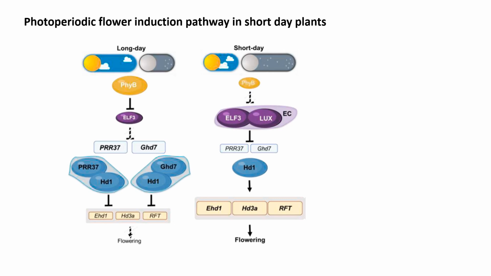Now, in the absence of phytochrome B inhibition of ELF3 under short days, the GHD7 and PRR37 expression is inhibited and this brings about the activation of HD3A and subsequent flowering promotion. Besides HD3A, rice shows other promoters of flowering, namely early heading date 1 or EHD1 and rice FT or RFT.